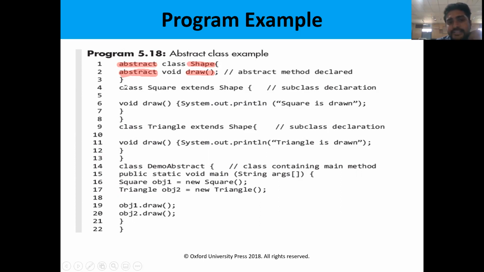Then he uses extends, that means inheritance. If you want to perform inheritance, Java uses the keyword called extends. To implement inheritance concepts, Java uses the keyword extends. Class square extends shape.